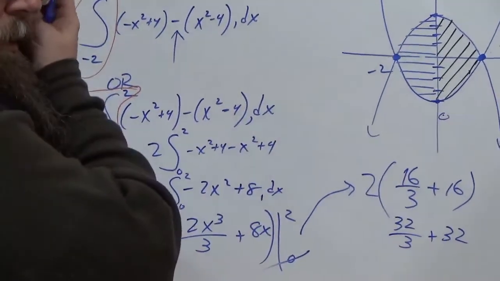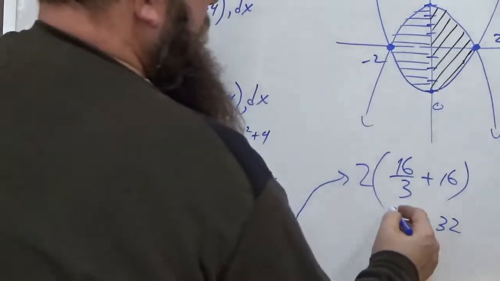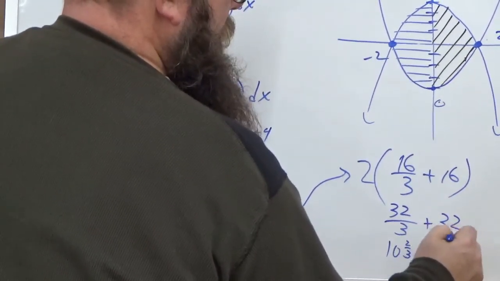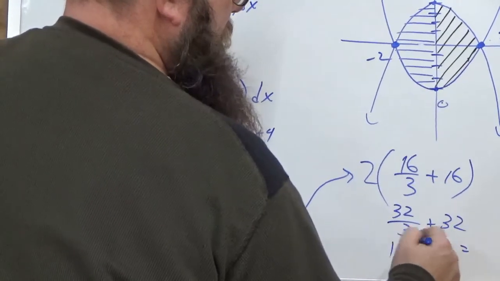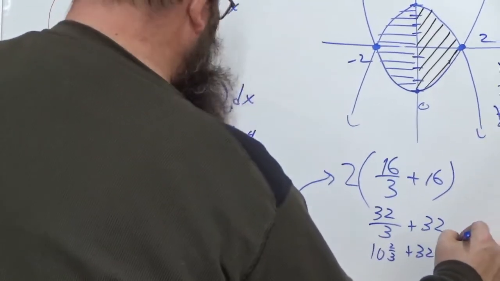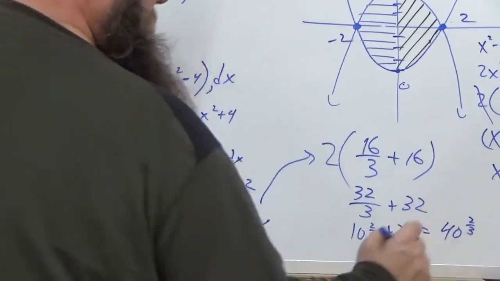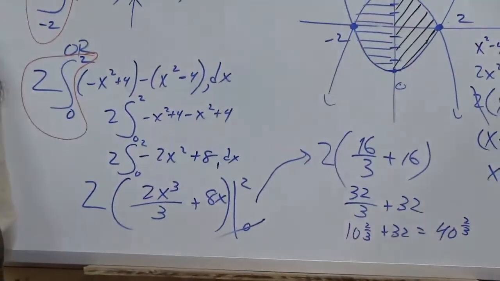And 3 into 32, what is this? This is 10 and 2 thirds. Plus 32, so it looks like it's going to be 40 and 2 thirds?